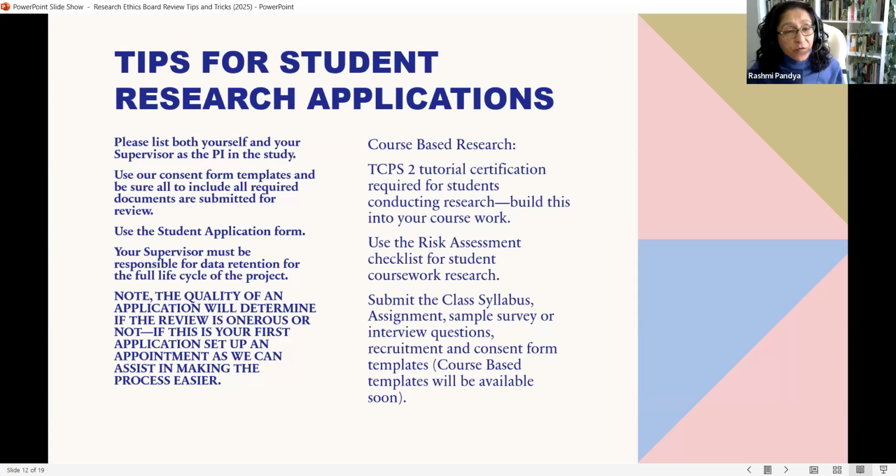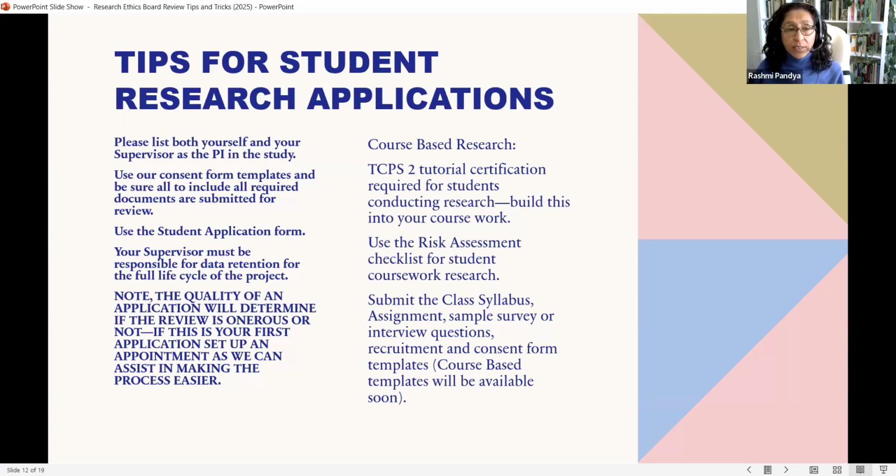REB applications are never fun, but they shouldn't be so onerous that people never want to do human research again, right? So I think that's something the supervisors can also really assist with, which is double checking prior to moving applications forward for review.